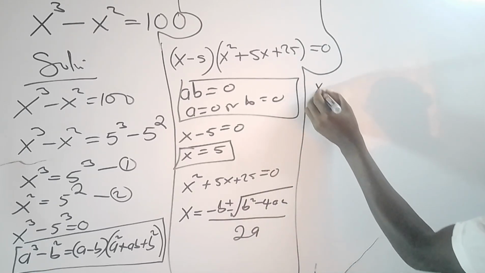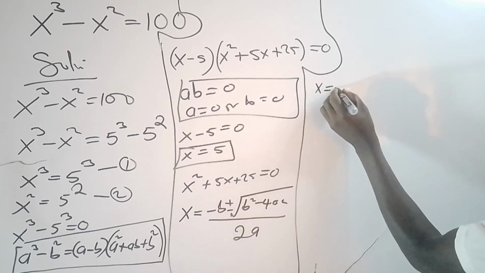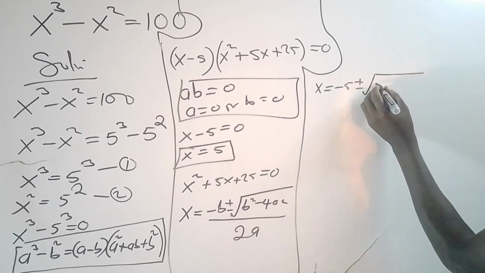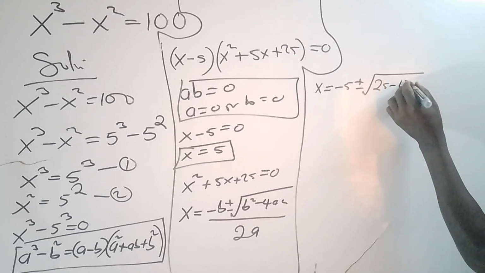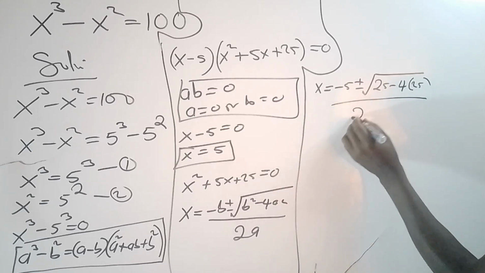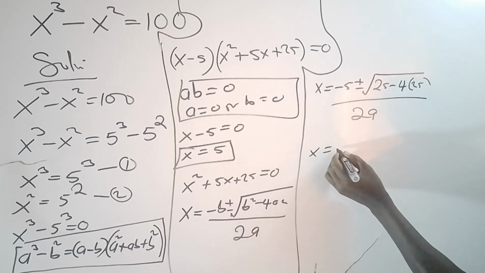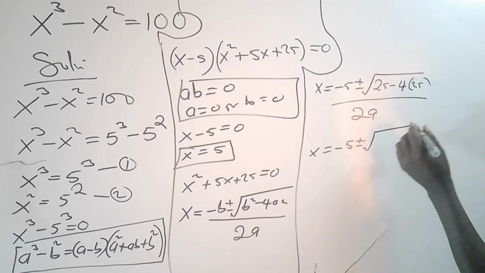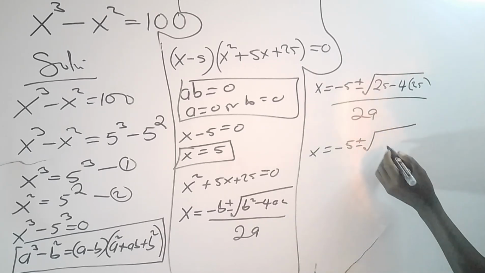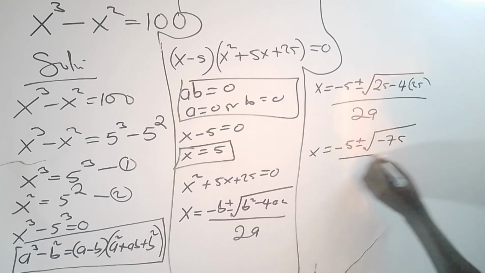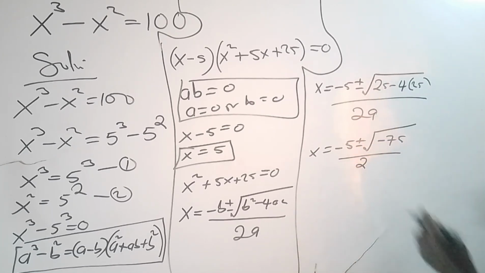Then x is equal to minus 5 plus or minus the square root of b squared, which is 5 squared, which is 25, minus 4 times a, which is 1, times c, which is 25, everything divided by 2a. Then x is equal to minus 5 plus or minus the square root of 25 minus 100, which is minus 75, all over 2.